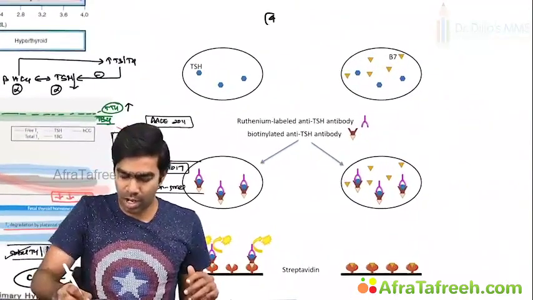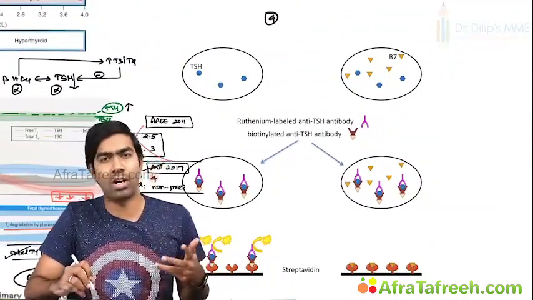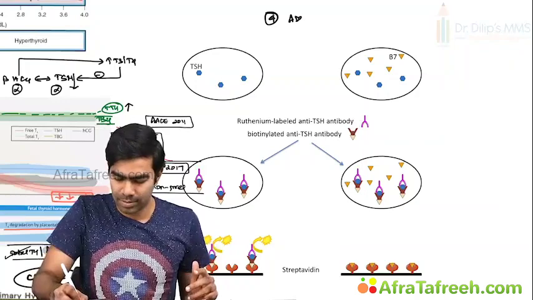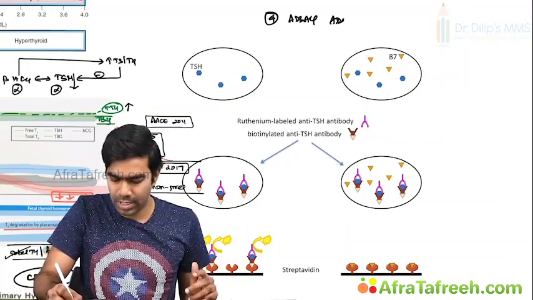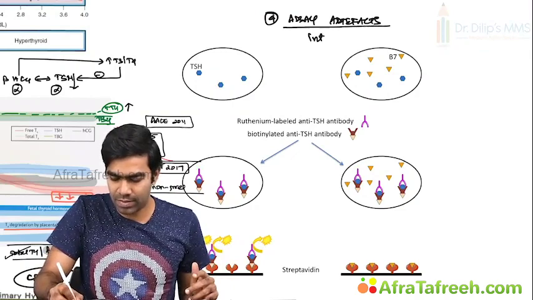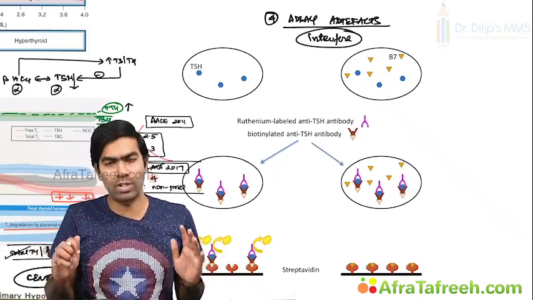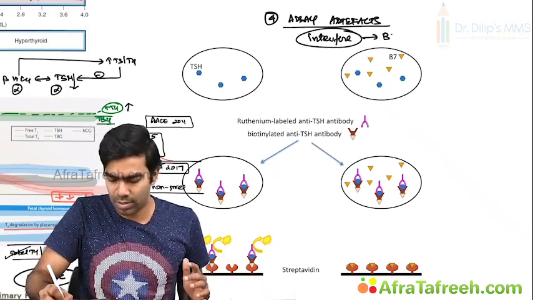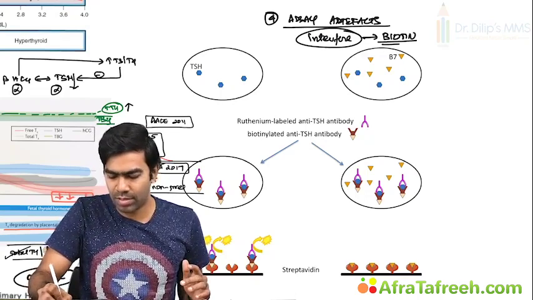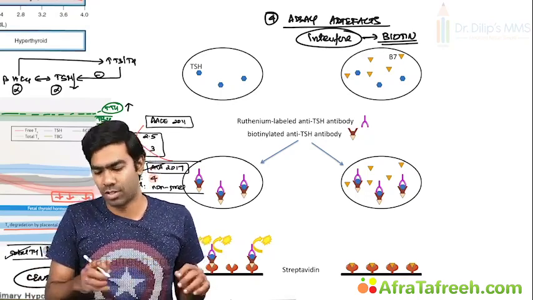The fourth pitfall I wanted to tell you about is assay artifacts, which means there are some things that interfere with the assay. The most important thing they'll ask you about that interferes with the assay is biotin. Biotin is known to interfere with the assays of TSH.